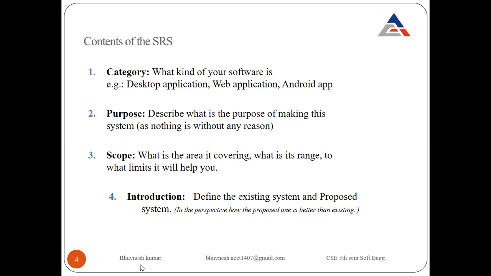We will follow the existing project, and the future scope should also be mentioned in our system. Scope is what area it is covering, what its range is, and what its limit is, for the product we are developing now.